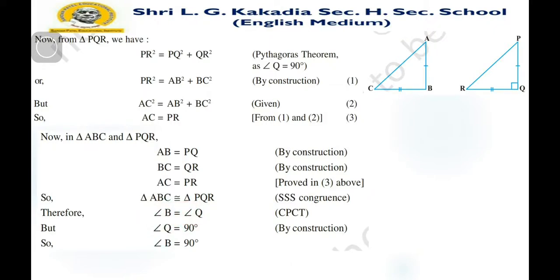Hence we have proved the converse of the Pythagoras theorem: if in a triangle the square of one side is equal to the sum of the squares of the other two sides, then the angle opposite to the first side is a right angle.